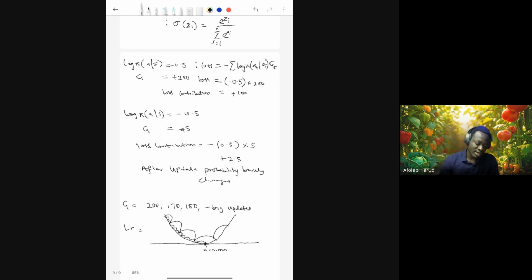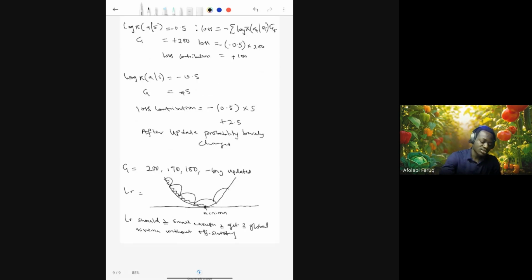So our LR should be small enough to get to the global minima without overshooting.